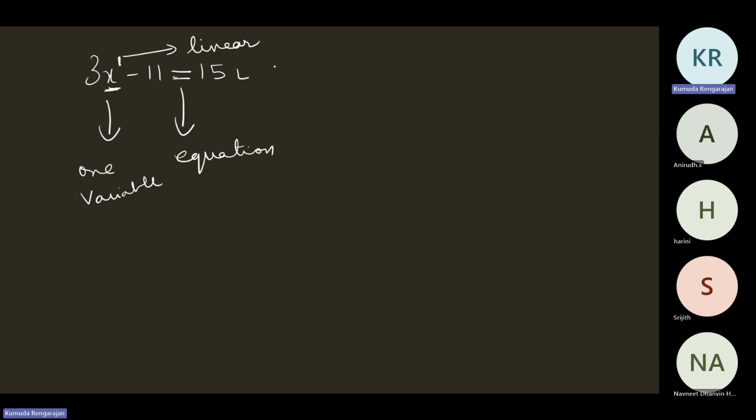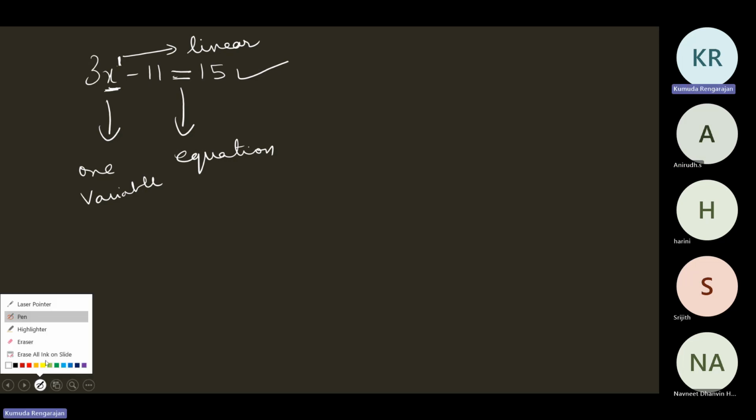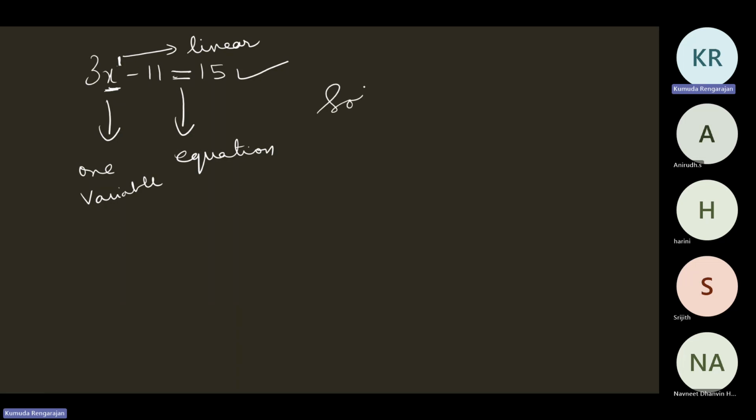So this is an example of a linear equation in one variable x. Got that, Anirudh? Yes, ma'am. Okay. Now we're going to learn how to solve linear equations in one variable x.